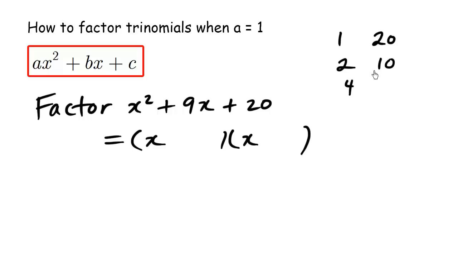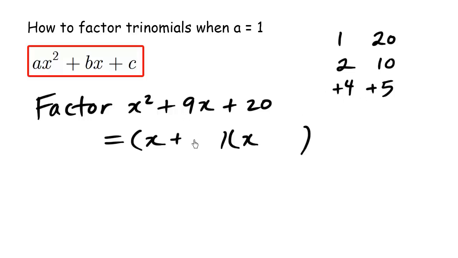Using your calculator, you can play around with numbers, keep dividing to see what 20 can be divided by nicely and evenly. And then what times what is 20? 4 times 5. 4 times 5 indeed is 20, and 4 and 5 feels like positive 9. In fact, positive 4 times positive 5 is positive 20, and these numbers add to be positive 9.